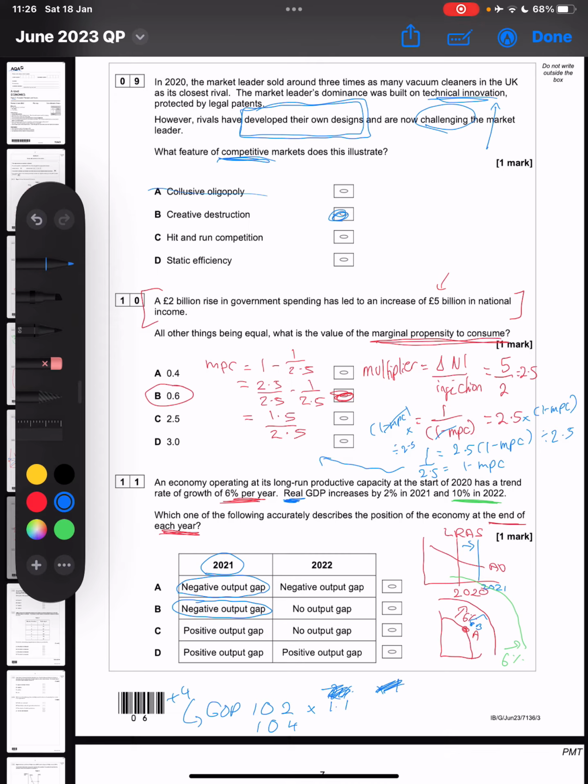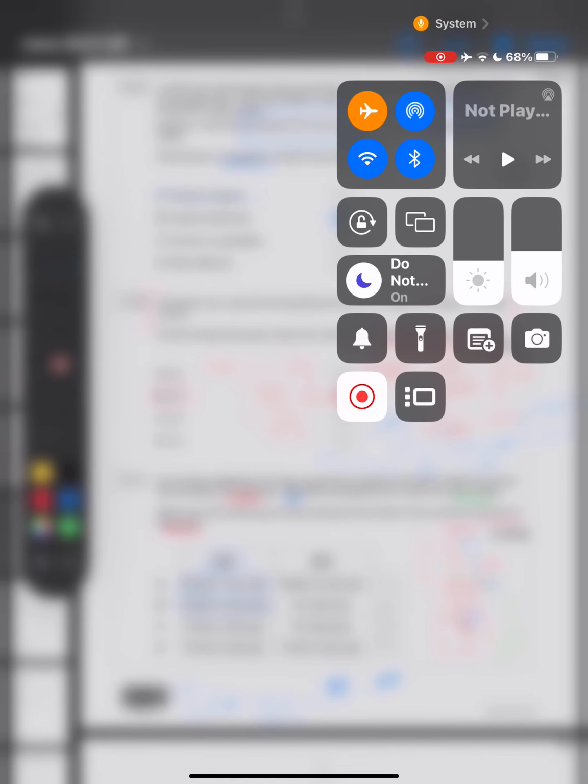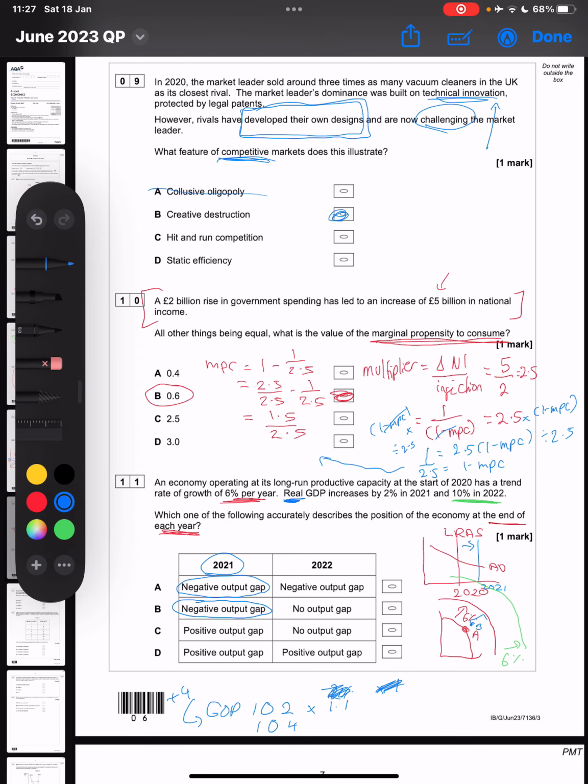Wonder if that's correct. Might take a break here. Hang on, I'm getting stuck. I think this is correct, yeah.